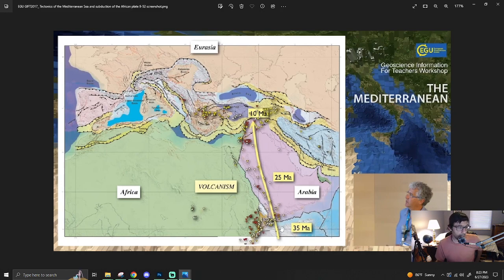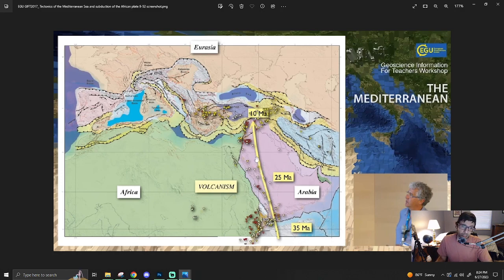Volcanism. So this is relatively of note. Volcanism started 35 million years ago down around the Red Sea in Africa, moved through the Arabian Peninsula to Turkey, and then over this way, I think. 35 million to 10 million, radiometric dating.